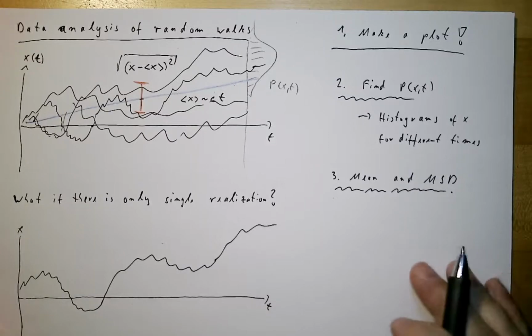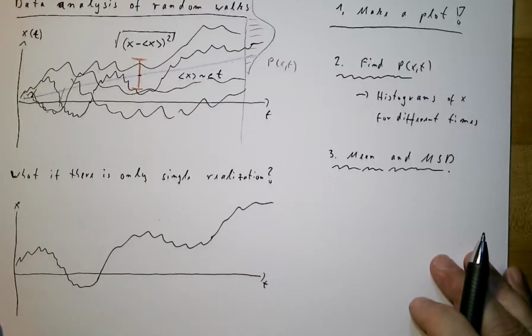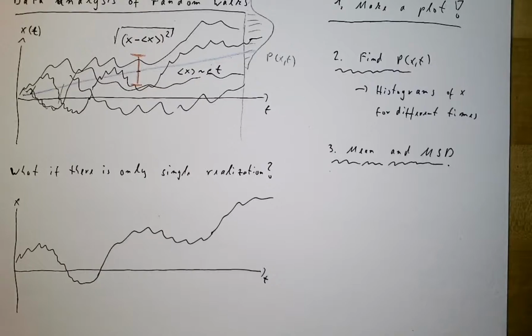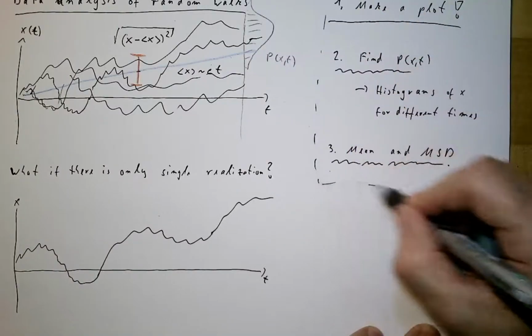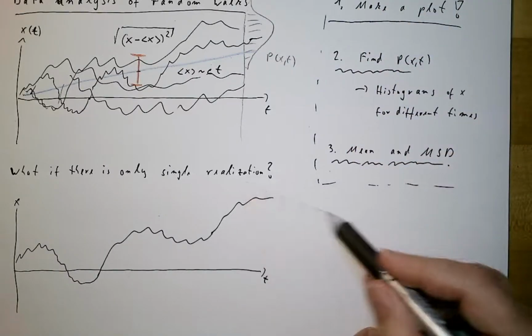What can we do? A trick that you can do is, if the whole thing is very long, if at least you have only one realization, but this realization is very long, so you have a lot of data, you can assume, now we answer this question here.